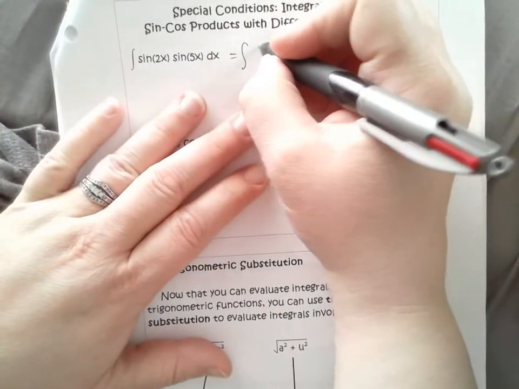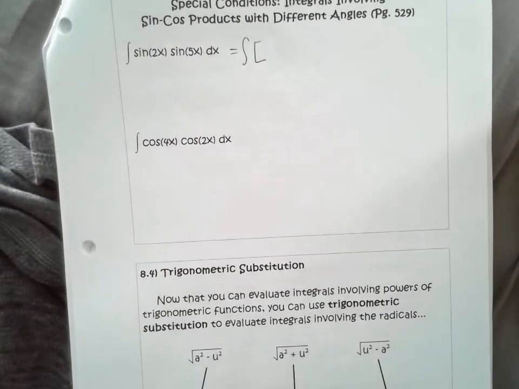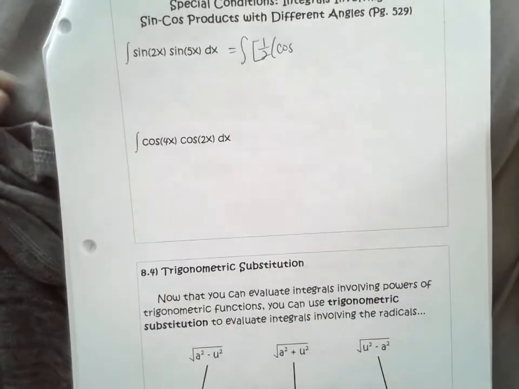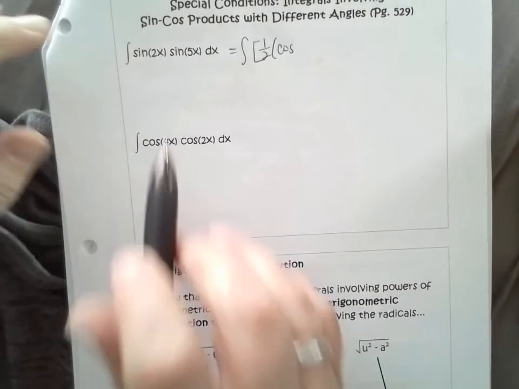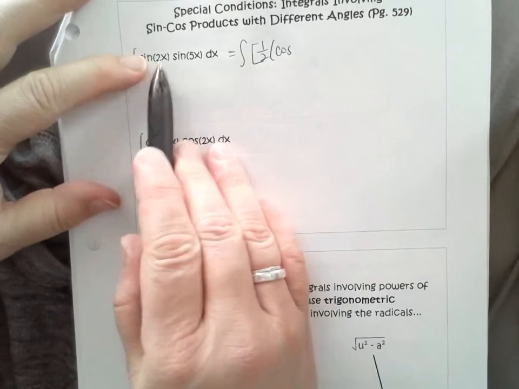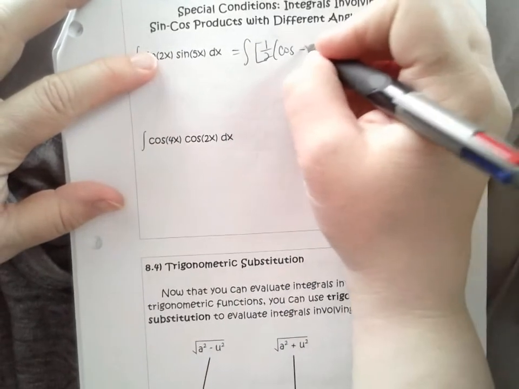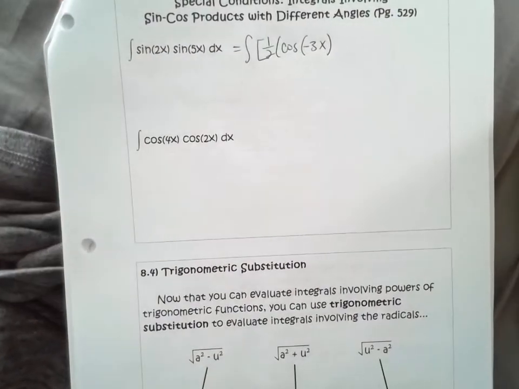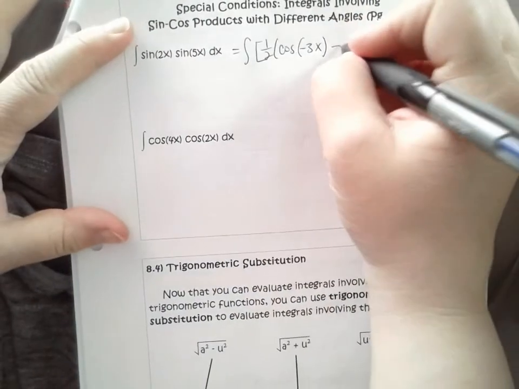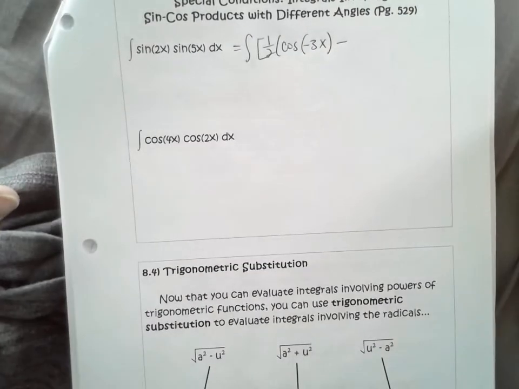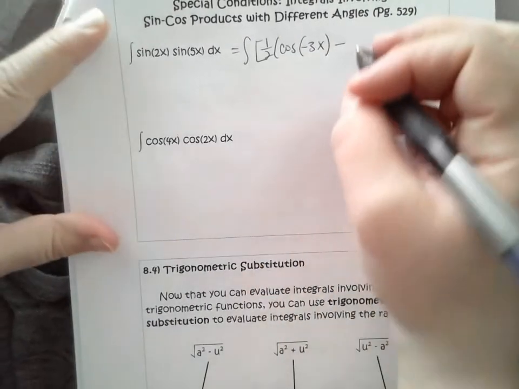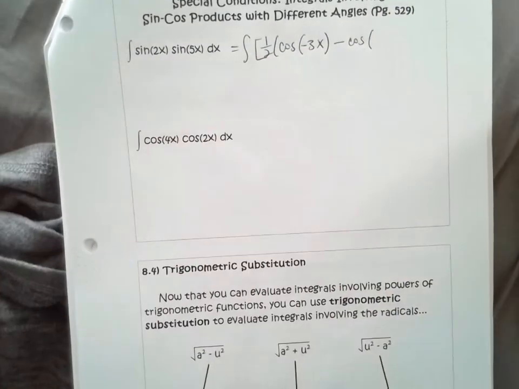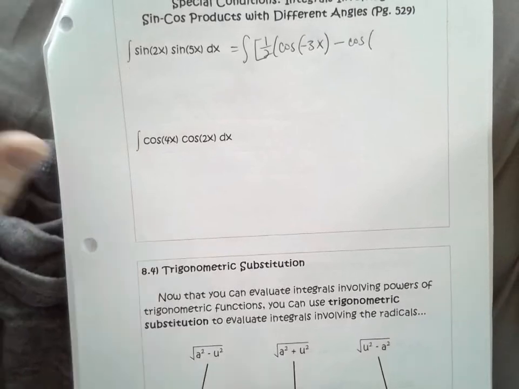to, and bear with me here, 1/2 times the cosine of m minus n x minus the cosine, and yes, this 1/2 is on the outside of both of these, minus the cosine of m plus n x.